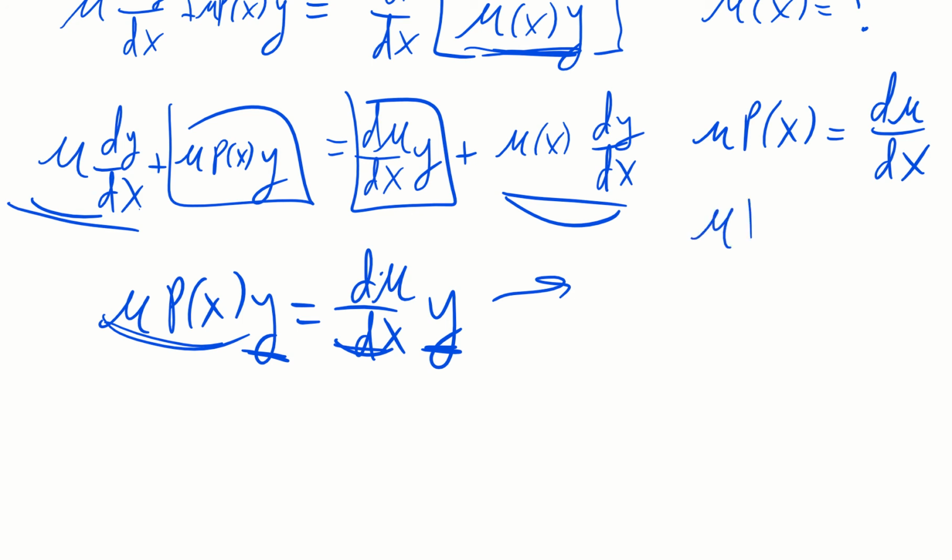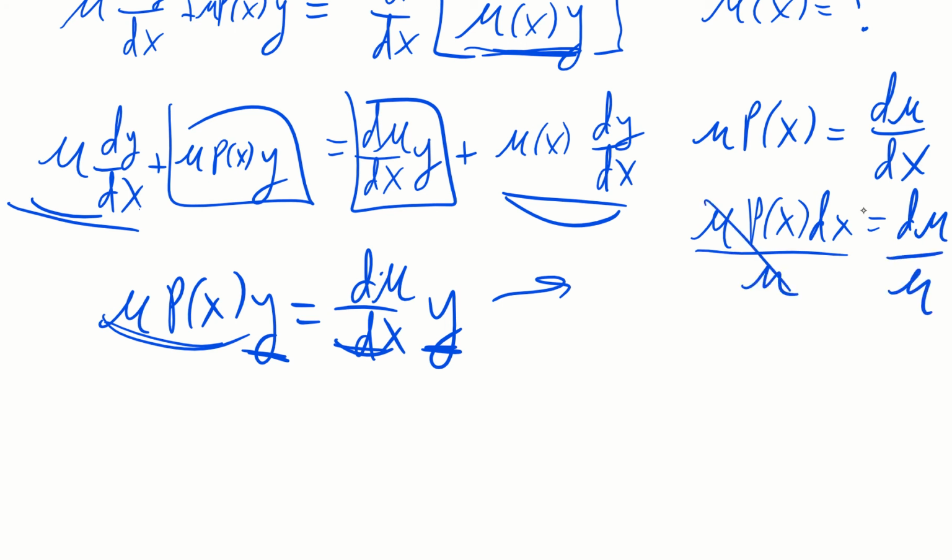We can multiply both sides by dx first, then divide by mu. That cancels, and so we get the following: p of x dx is equal to d mu over mu. And now we're going to integrate.